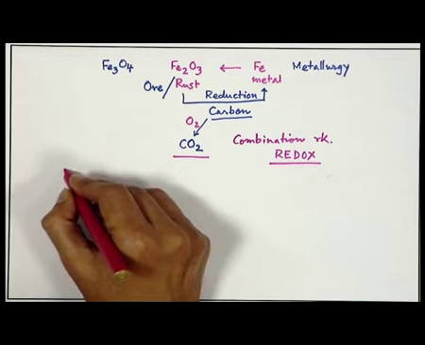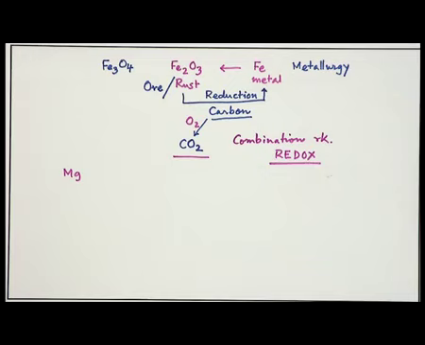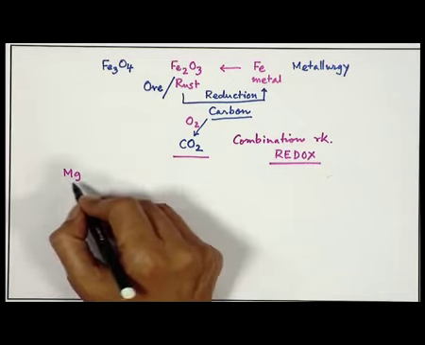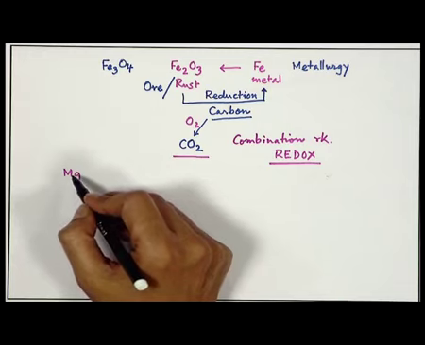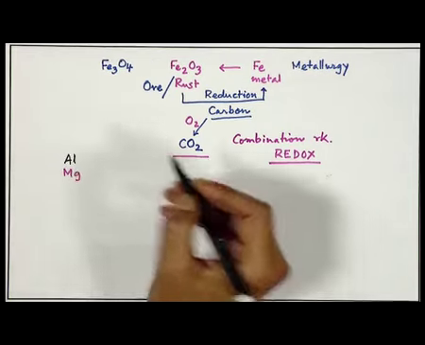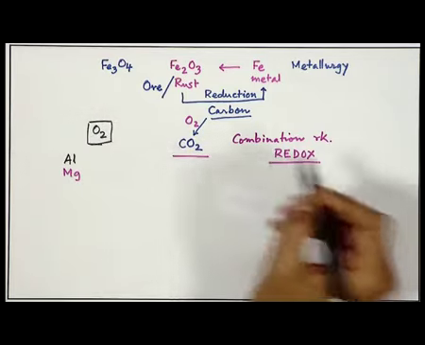So, what about some more examples? Magnesium we can use as the corresponding species for this combination reaction. As we have seen, magnesium we can use, aluminum we can use. If O2 is there, that means one reagent is our O2.